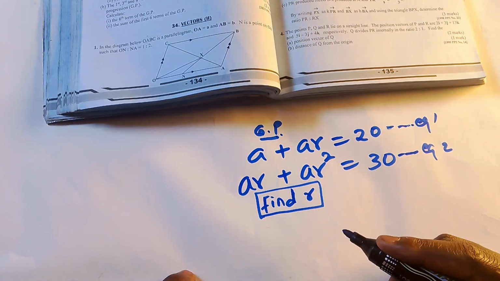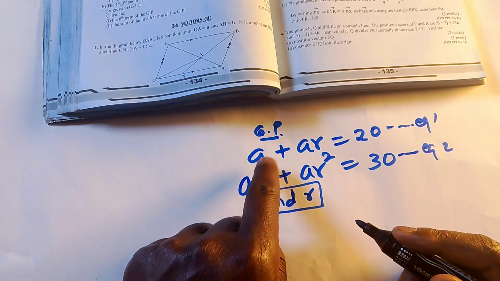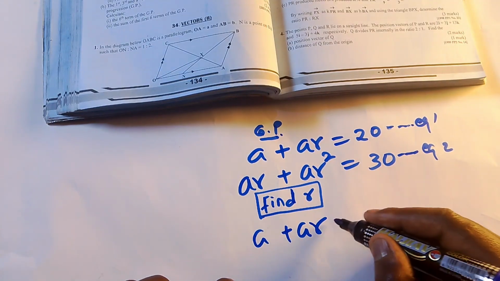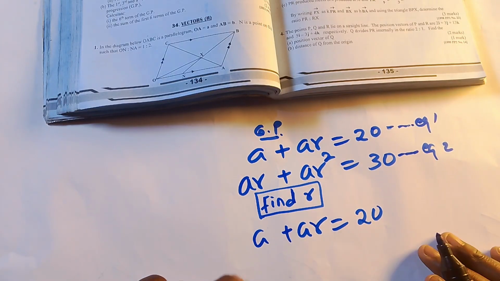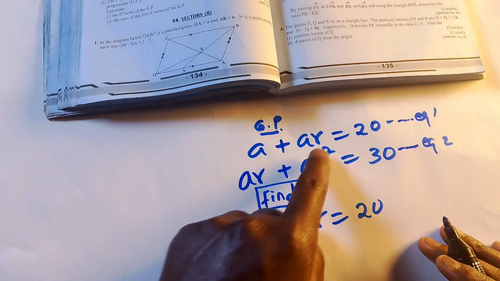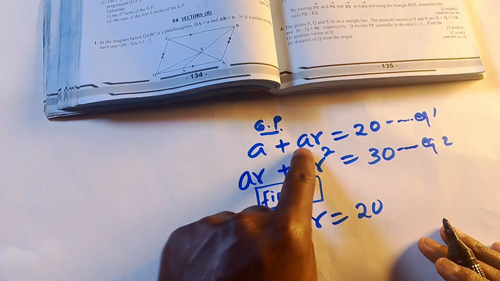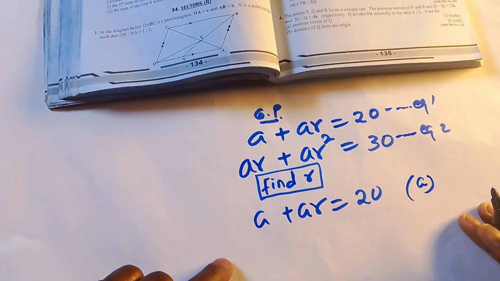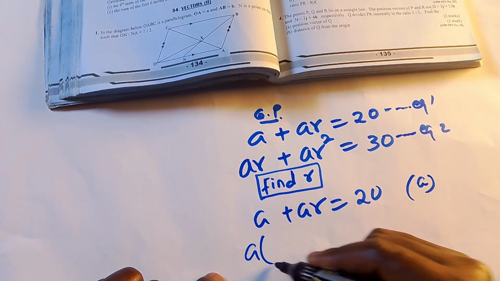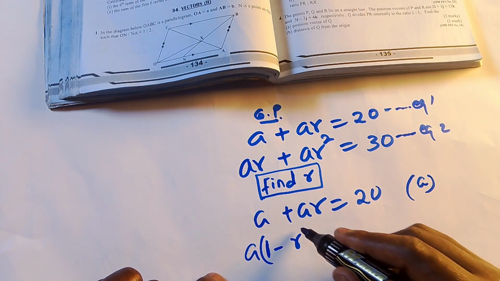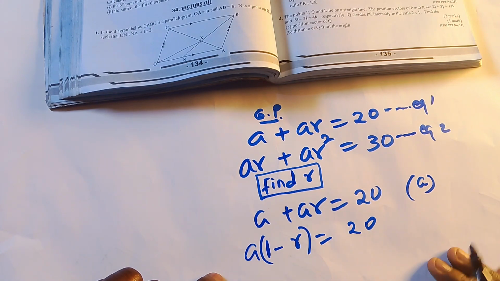In this case, we can choose to take one. Let us take the first equation: A plus AR is equal to 20. We can decide to make A the subject of the formula because we have A in both terms. So we take A out, and remain with 1 plus R, which is equivalent to 20.